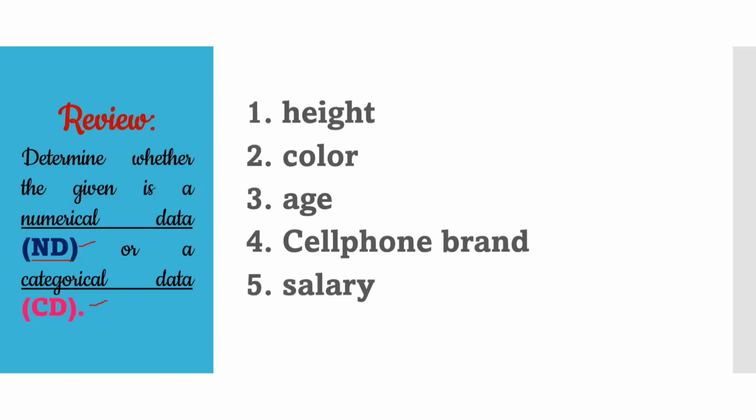So for example, in number 1, height is a numerical data because height can be expressed as 1.67 meters or 152 centimeters, as long as you can express it in numbers. On the other hand, number 2 is a categorical data because colors cannot be expressed as numbers. Colors can be red, orange, yellow, green, and so on.